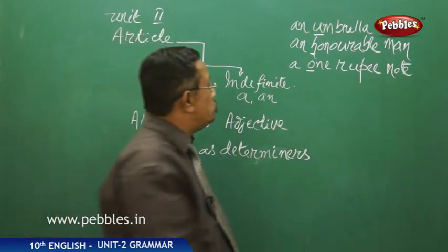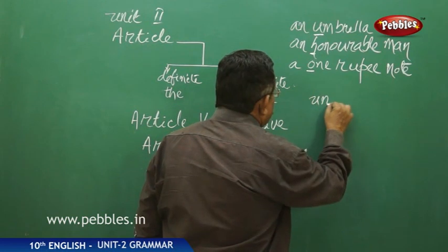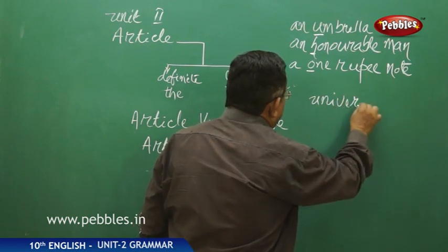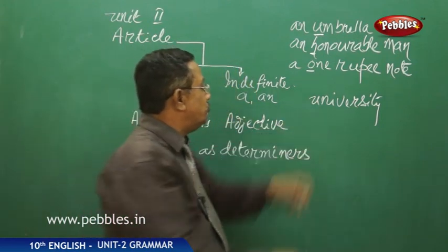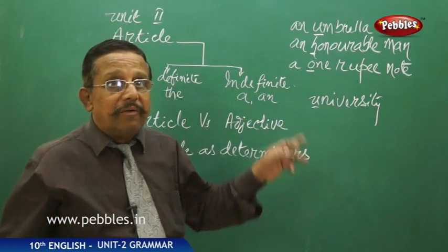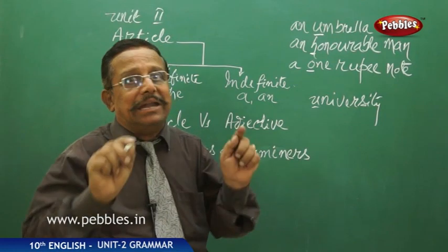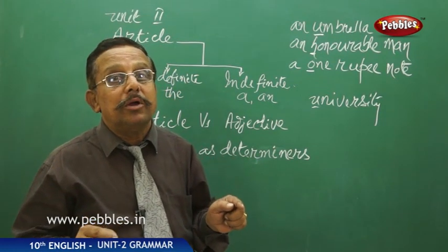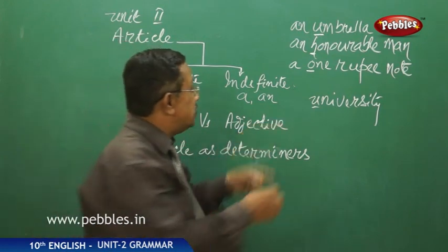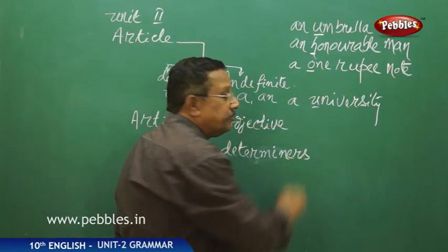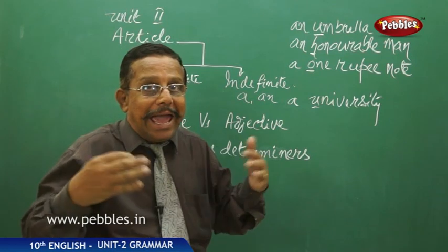Right? Now, university. University. Here, this is U, a vowel. But this vowel is being read as U. It is not coming from here. U. And so here, it is a university. It is not an university.